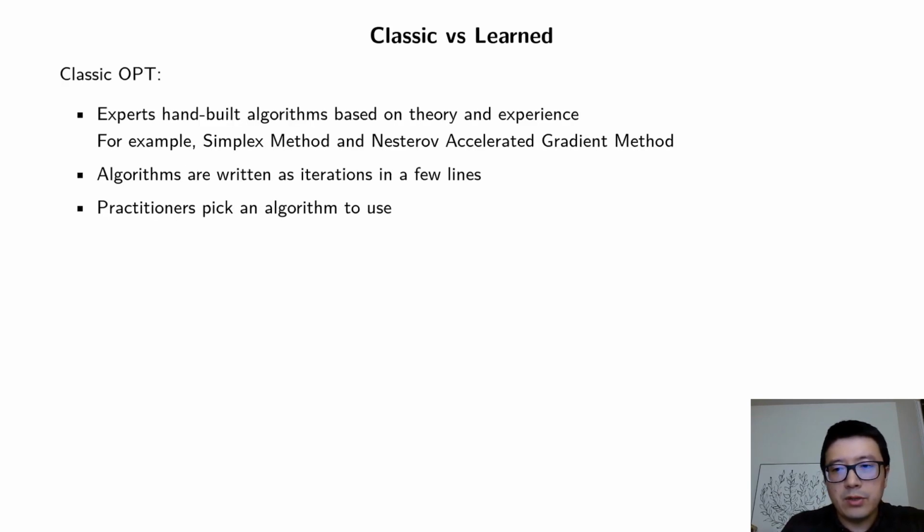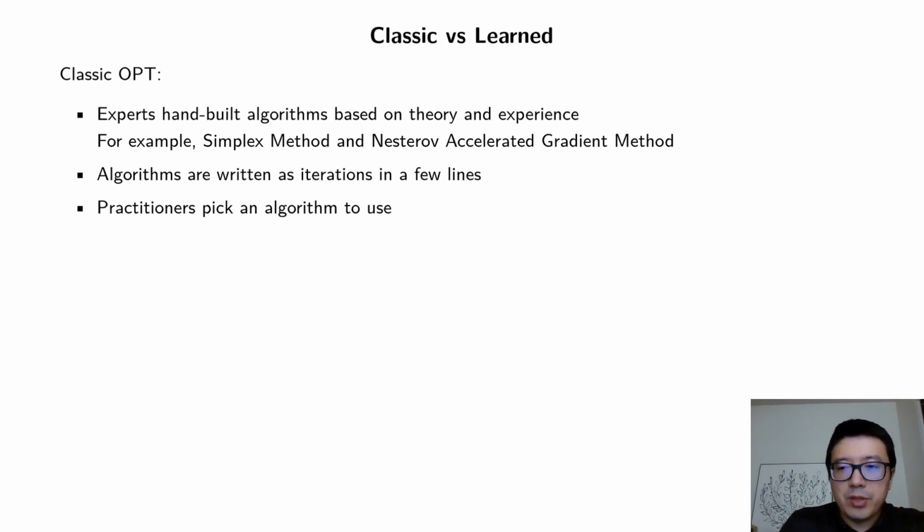Before I start talking about learning to optimize, it's interesting to compare learned optimizers or learned optimization algorithms to classic optimization algorithms. Classic optimization algorithms are those built by experts based on their theoretical understanding and experience. Examples are the simplex method by George Dantzig and Nesterov's accelerated gradient descent method.